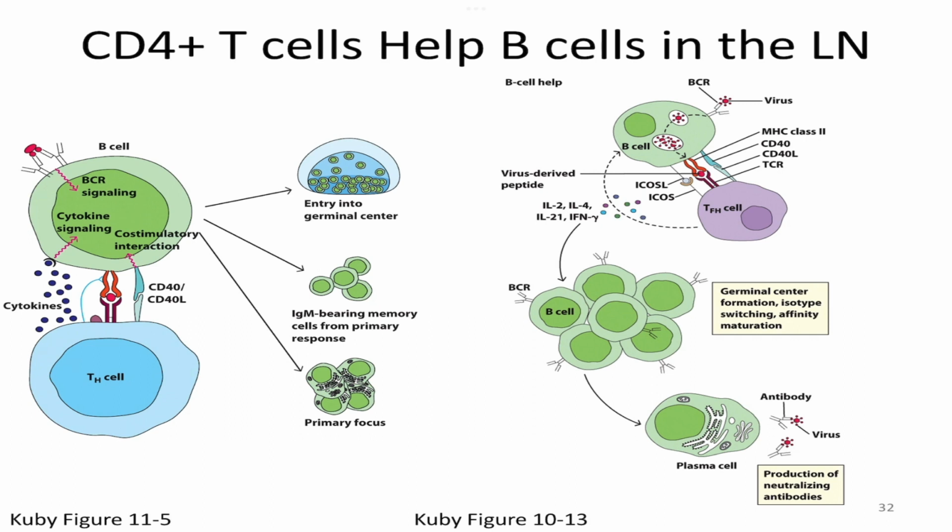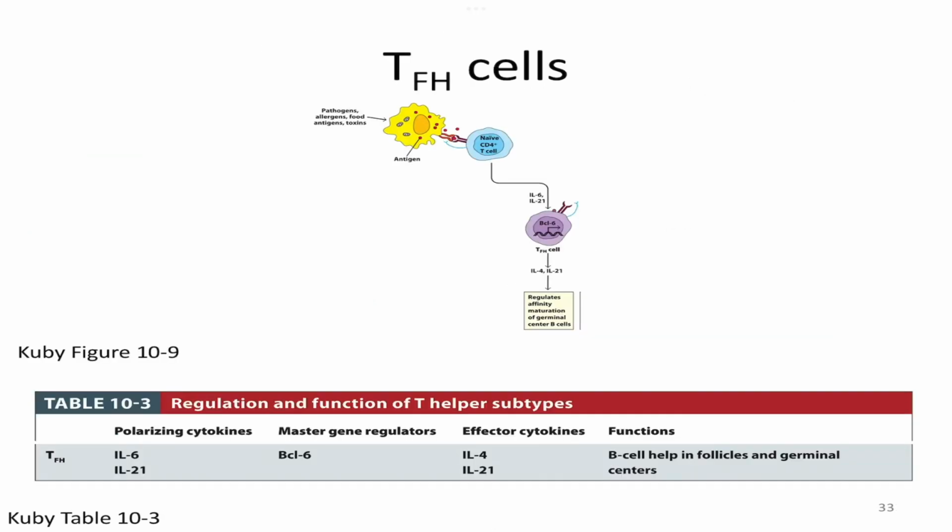Specifically, this process is happening in the follicle of our secondary lymphoid organ, like the lymph node, and will eventually lead to an area called the germinal center that we'll think about on Friday. All of this action is done by one of these helper T cell subsets that we talked about, the T follicular helper cell. So this is sort of a way that really thinking about B cells is a part of or related to thinking about helper T cell subsets.